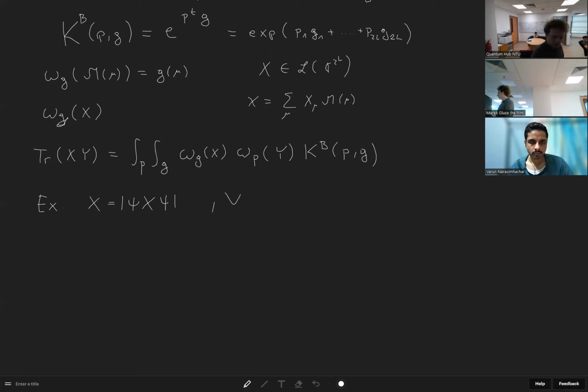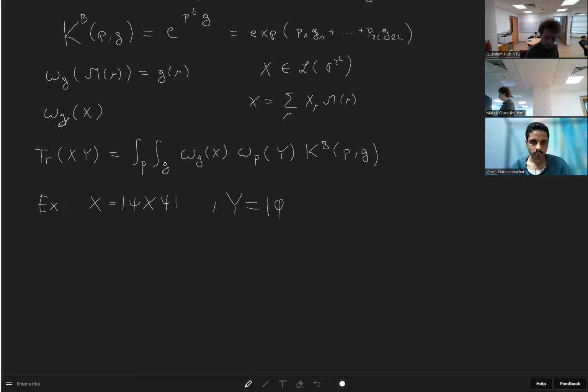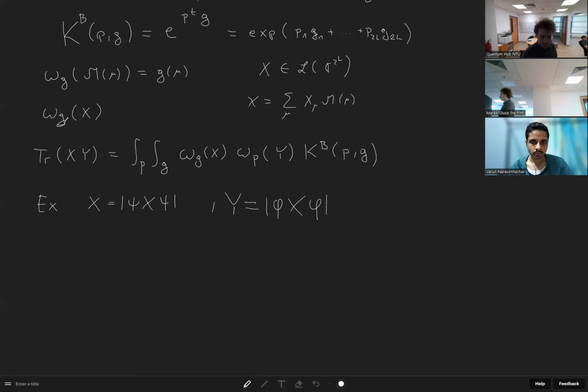And if Y would be a state phi, then this would give us a way of computing the fidelity between psi and phi as a Grassmann integral. That's one example. You can also compute observables that way, and so on and so on. So this is useful in many ways.